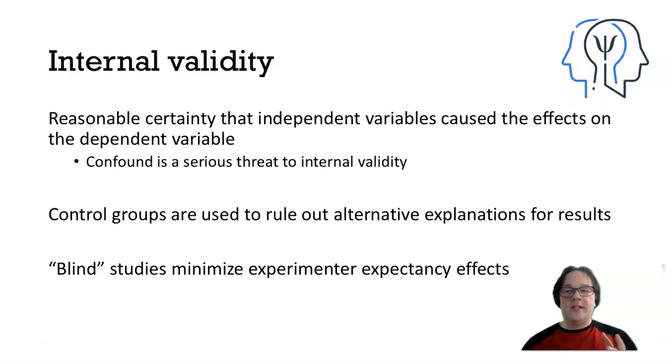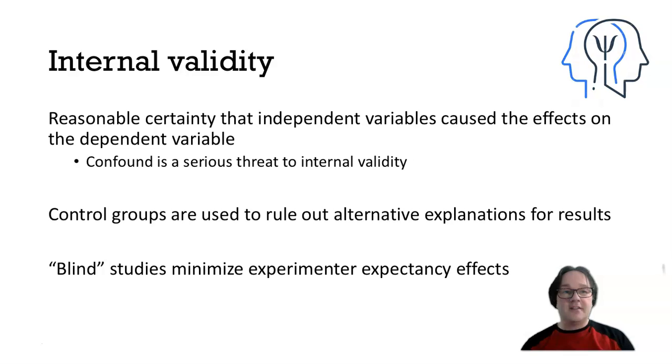A confound is an extraneous variable, right? An extraneous variable is any variable that can affect our dependent variable, other than our independent variable. What makes a confound different is that it systematically changes with the independent variable.